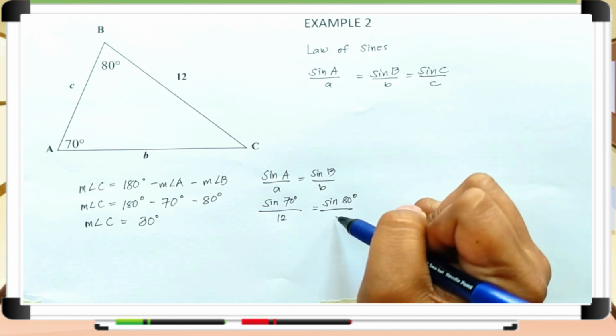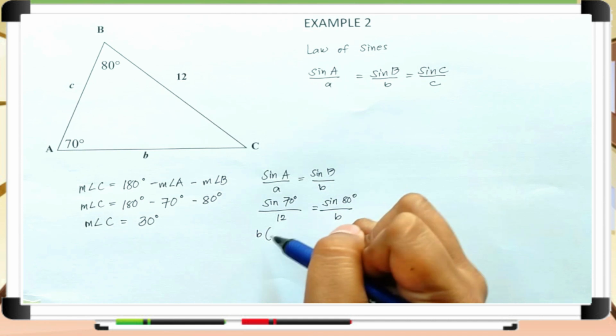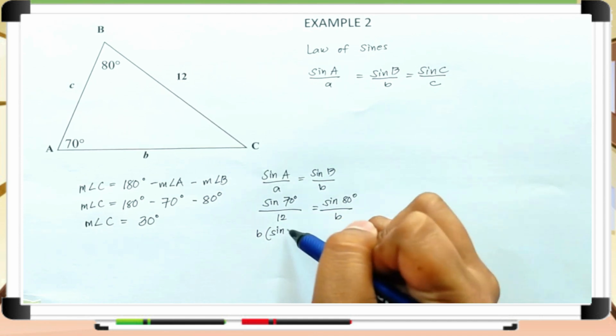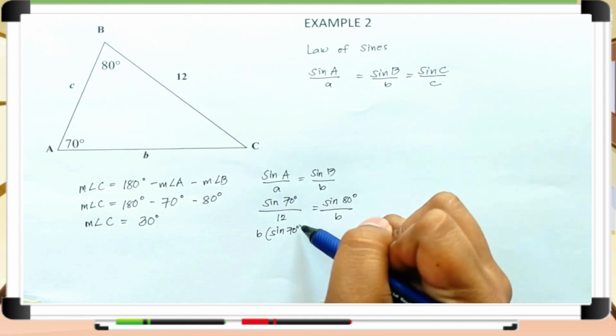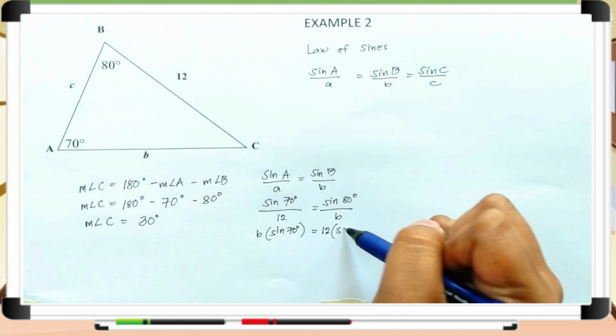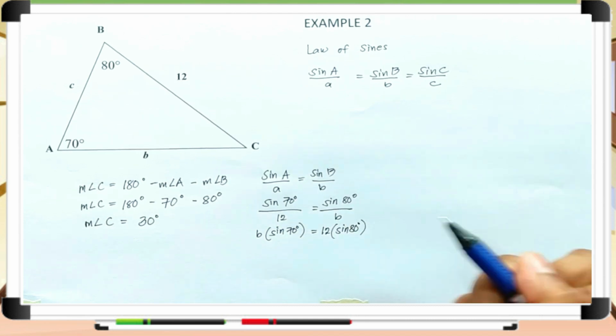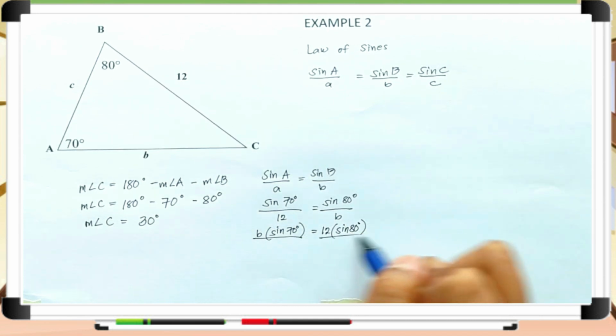over B. Cross multiply, we have now B times sine 70 is equal to 12 times sine 80. Then divide both sides by sine 70.